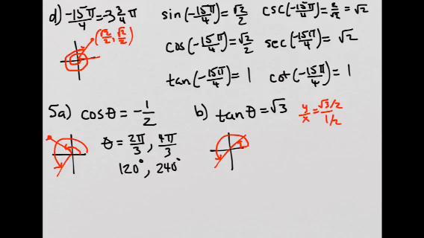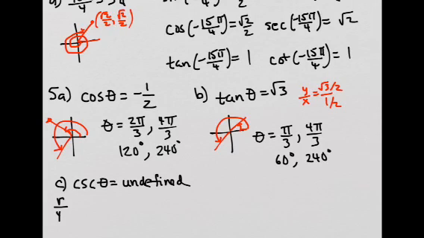So 1/2, radical 3 over 2 is the ordered pair, because it's x comma y, right? So in quadrant 1, let me just change the color, that was pi over 3. And in quadrant 3, that would be 4 pi over 3. So in degrees, it would be 60 degrees, and 4 pi over 3 would be 240 degrees.